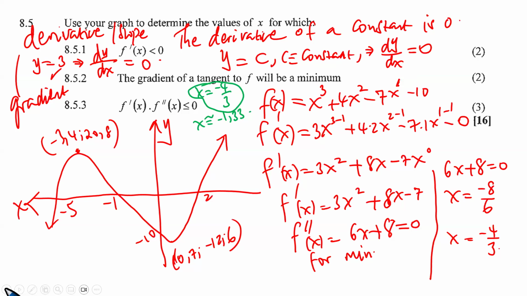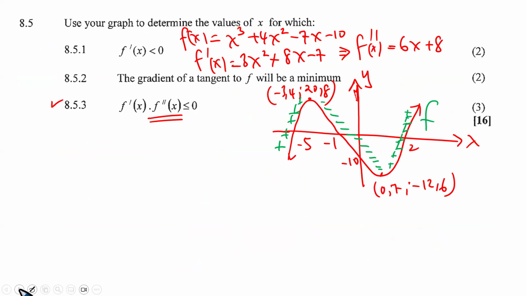If that is true, pay attention. We've already got that x is -4/3. Where is it -4/3?